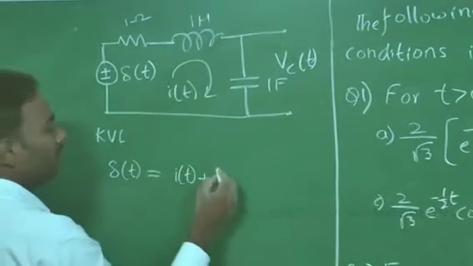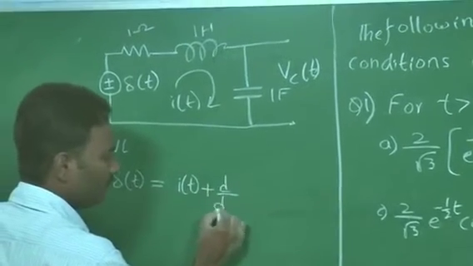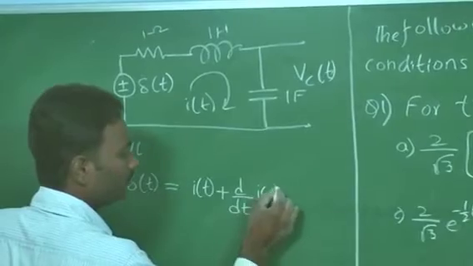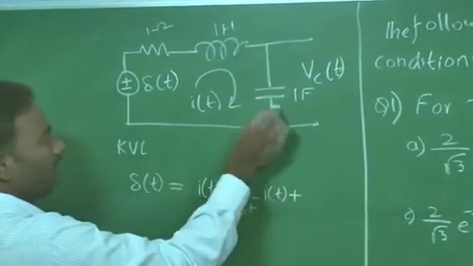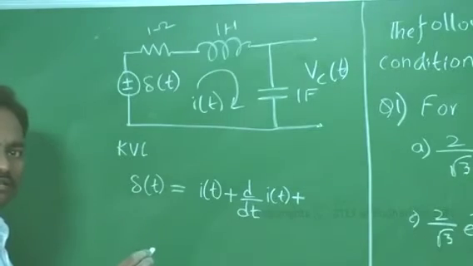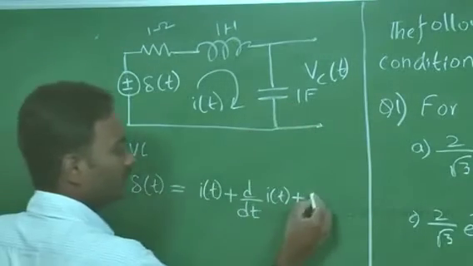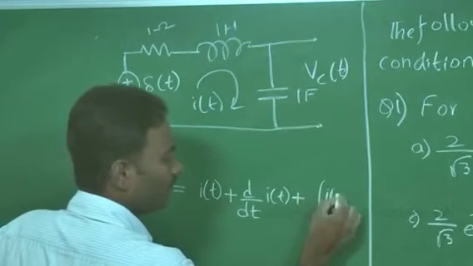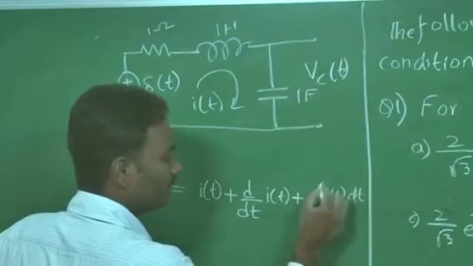Here L is 1 henry. Plus the voltage across the capacitor, 1/C times the integral of i(t) dt. Here C is 1 farad.